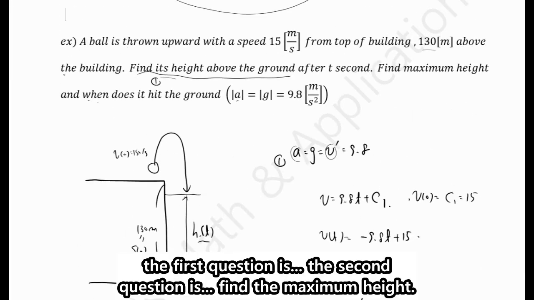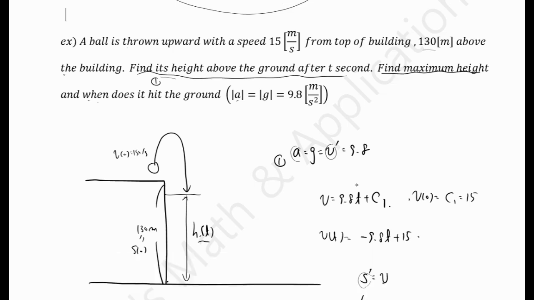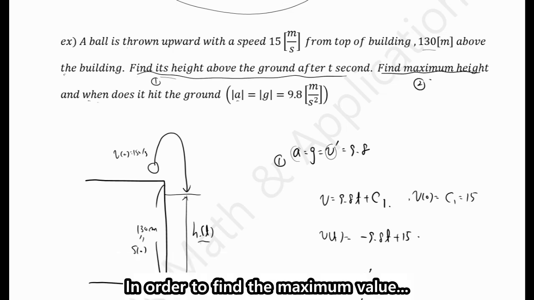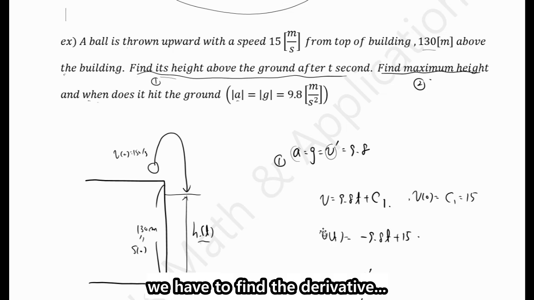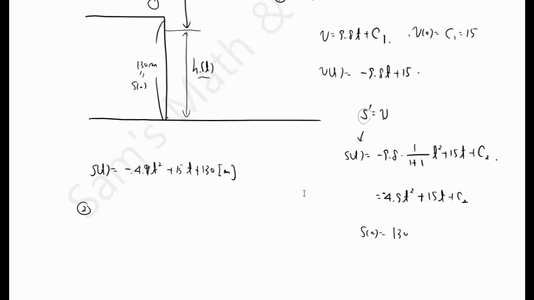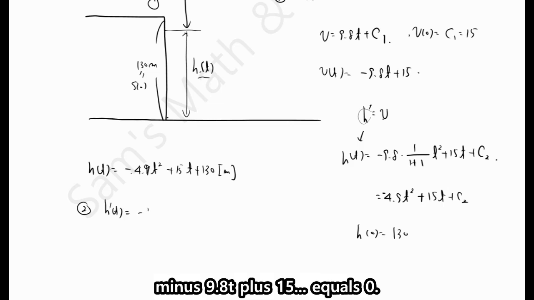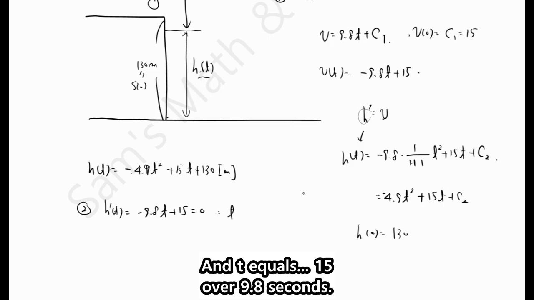The second question is to find the maximum height. In order to find the maximum value, we have to find the derivative of h, h prime. h prime of t is minus 9.8t plus 15 equals 0, and t equals 15 over 9.8 seconds.